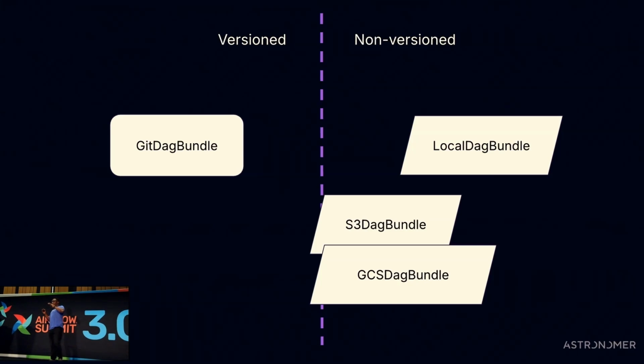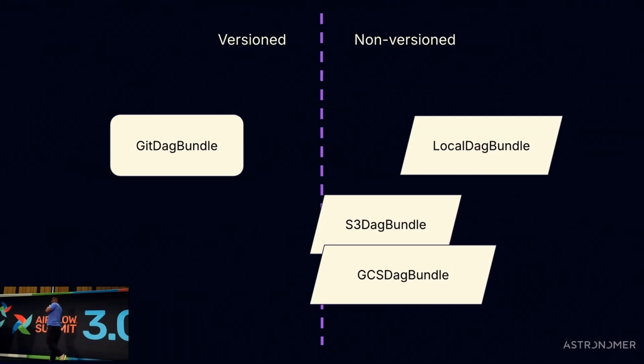When we say versioned, what we mean is the whole code in that bundle has a version, like a general version for the whole bundle. One good thing about it is that it also provides you with a URL to your repo where you have the Dags. Like if you're looking on the UI, you can easily see this Dag is from such a repo, right?